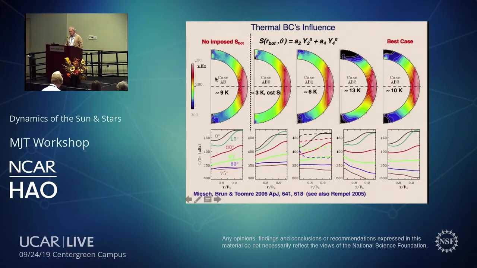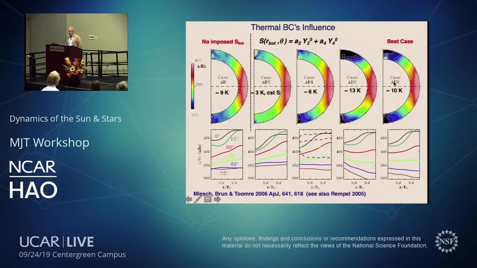And so we played the game of controlling our thermal boundary condition at the base of the convection zone better. We started by putting a constant entropy, and the variation in temperature was only 3 Kelvin. And you can see that the profile is much more cylindrical. And then we played the game of increasing this forcing up to being almost disk-like for differential rotation. So we pushed it a little bit too much.